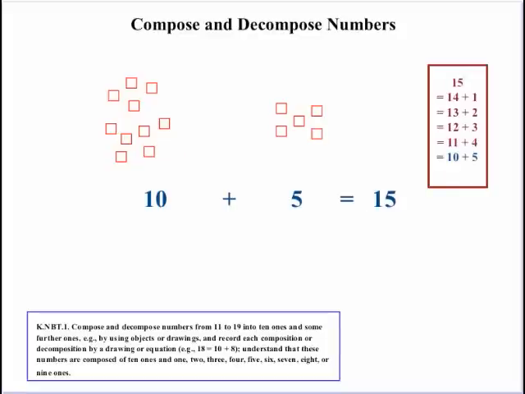One more step in the journey, and we're here at the final destination. But again, look what happened along the way. We have these additional combinations of 15: 14 plus 1, 13 plus 2, 12 plus 3, and 11 plus 4, in addition to the 10 plus 5.